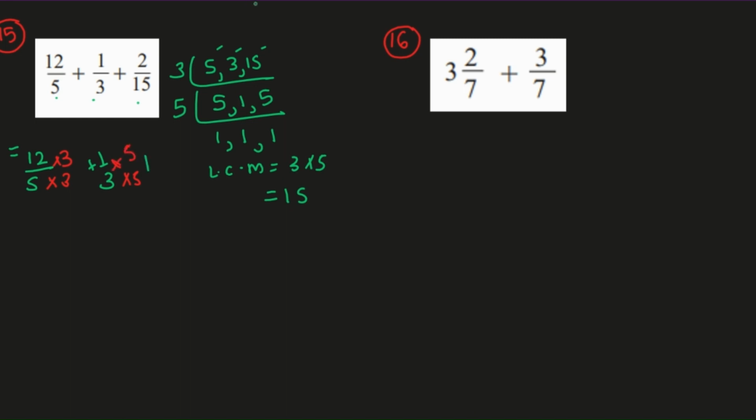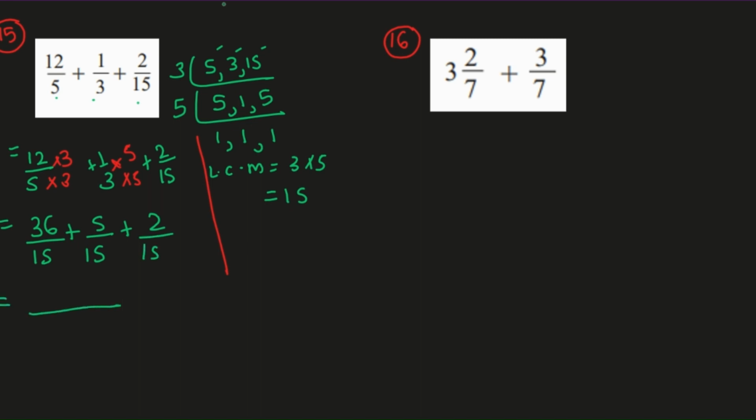Then 2 upon 15, you have nothing to do. It's 15 already. So now let's do the calculation: 12 into 3, it's 36 upon 15 plus 5 upon 15 plus 2 upon 15.